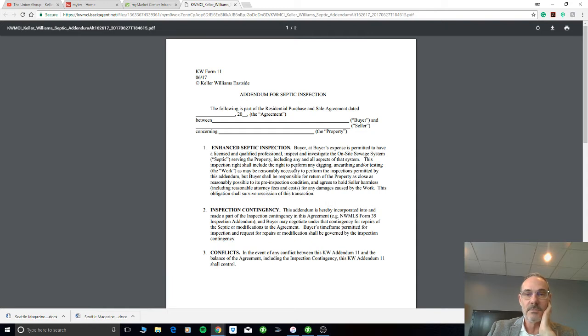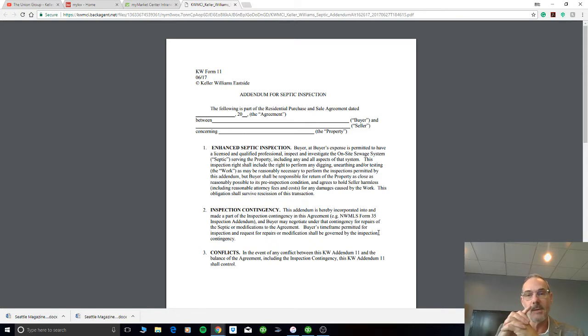How is this different than Form 22S, the NWMLS provided form, Eric? Well, this is just adding more validity to it. 22S is the seller's inspection. This is saying that if you want, your buyer can also have it inspected by their own company.